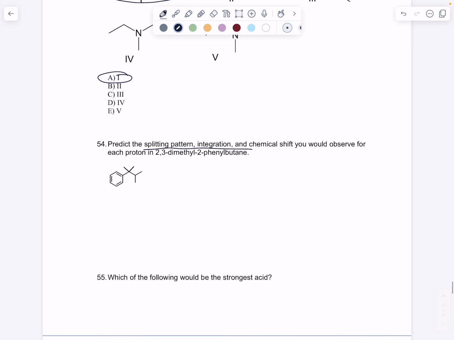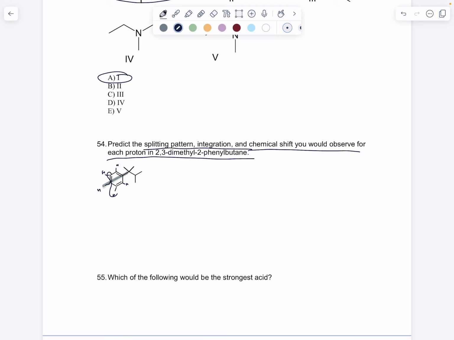Predict the splitting pattern, integration, and chemical shift you would observe for each proton in this structure. All right, the first thing I'm going to look for is a plane of symmetry, which I see right here. So if I'm looking at these hydrogens, they would be the same. These hydrogens would be the same, and this hydrogen would be unique.